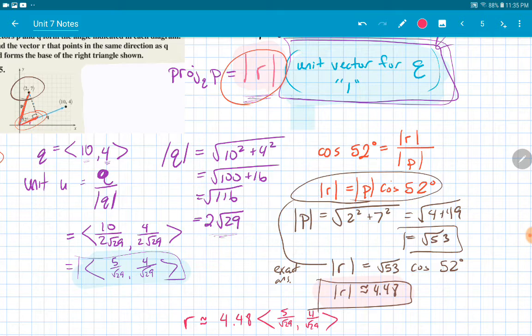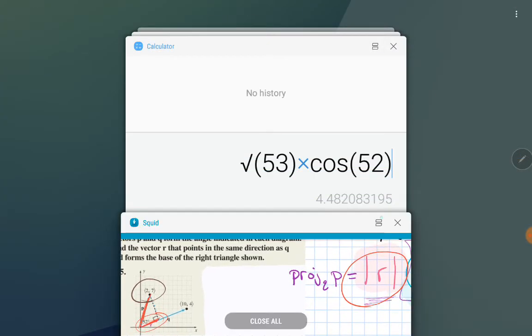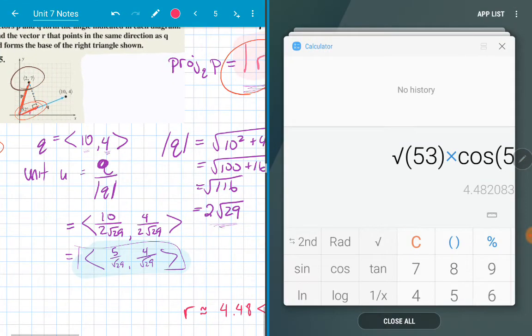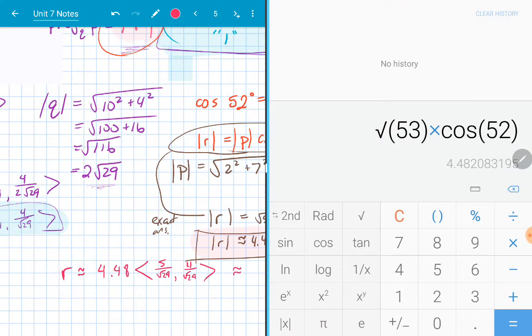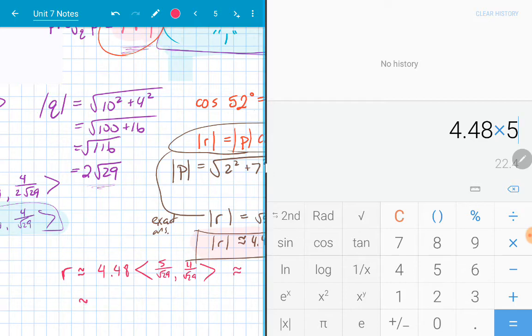That's almost done. I can take that one step further with a calculator, which you will have in this unit. I'm multiplying the constant 4.48, the scalar, times each component to get my new components. So it ends up being a vector.